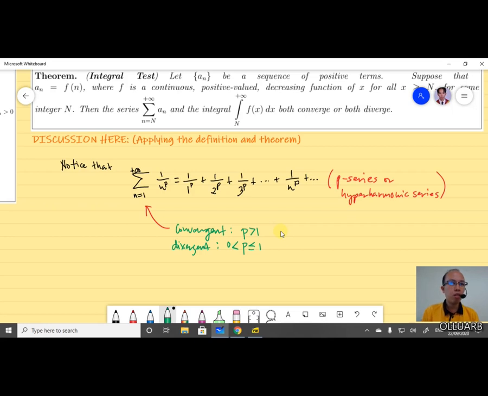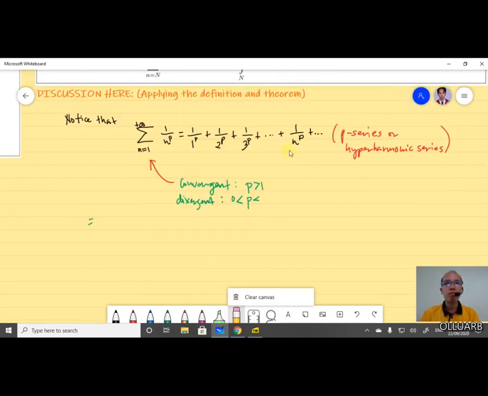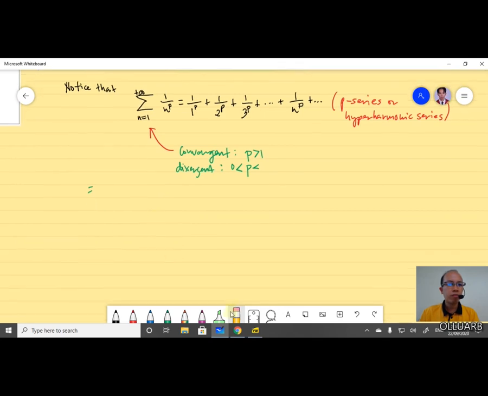For example, here is an example of a p-series: the summation of 1 over n, where n starts from 1 to infinity.